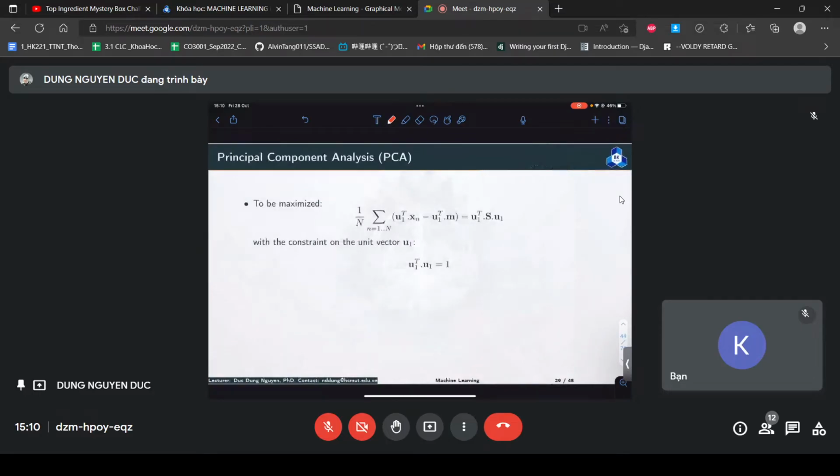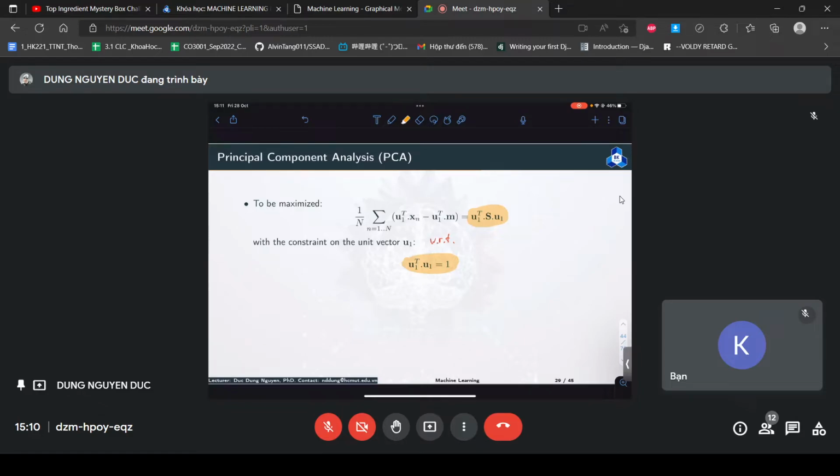And given that information, now we are doing the optimization problem. We are looking for a way to maximize the covariance on the new dimensional space with respect to this one. And this is the optimization problem you saw earlier. We can use the Euler-Lagrange equation to solve it, right?